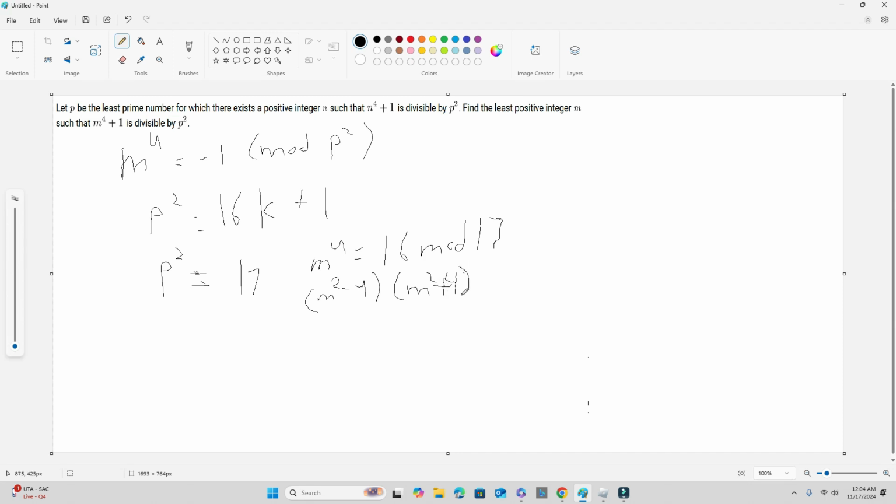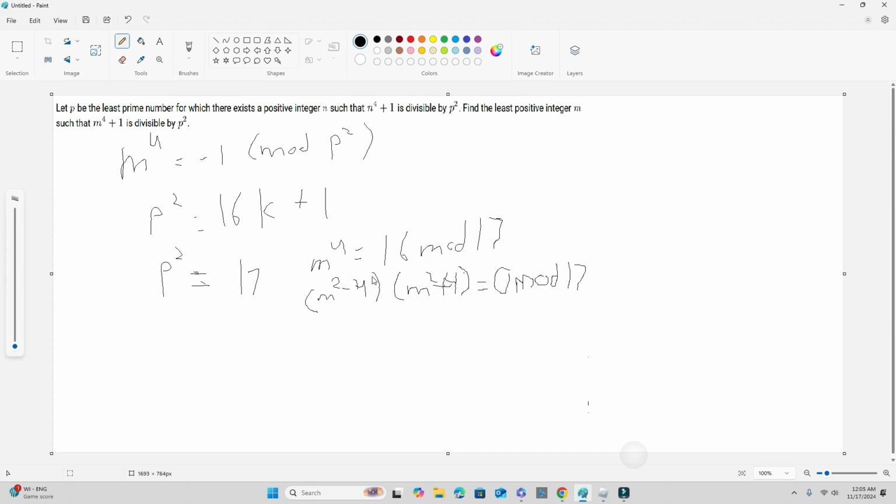This is m squared minus 4 times m squared plus 4, and this would be equal to 0 mod... I really didn't want to write this with the keyboard cursor, it's a little bit tough, but we got this here. So m squared minus 4 times m squared plus 4 is equal to 0 mod 17.